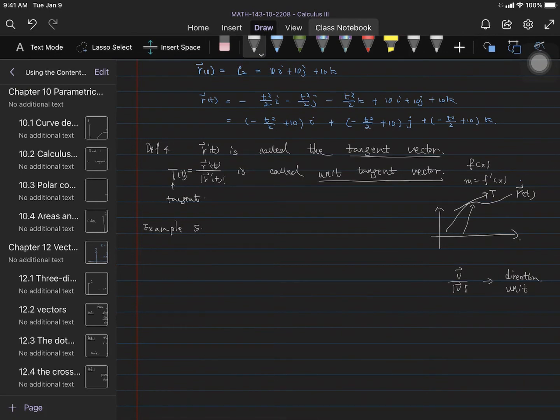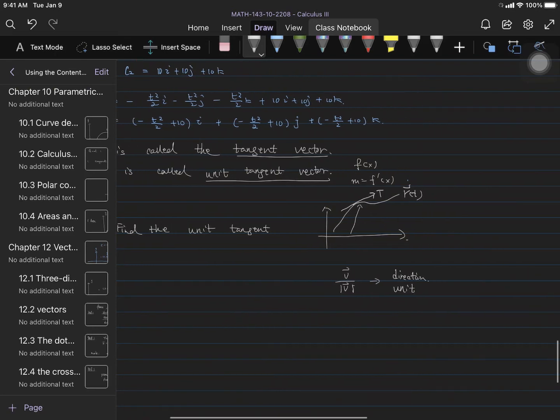Example 5. Find the unit tangent vector of this curve. I'm going to move this to the right side.